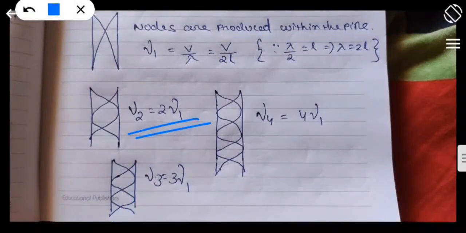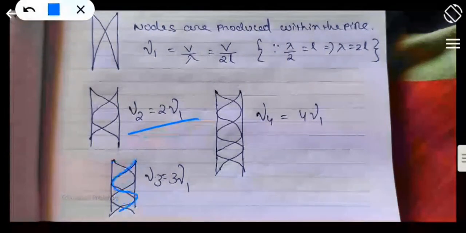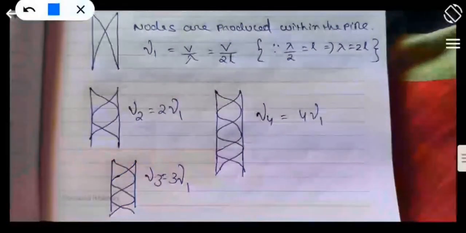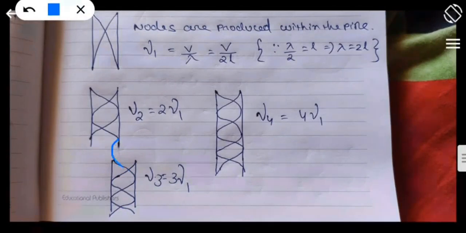Third harmonic case, the wave is like this. Okay, and the reflection is like this. So you have to draw it as usual. It has to start from the antinode. See here, antinode means the open end. It will start like this, then go, okay, this one, and reflection will be like this.